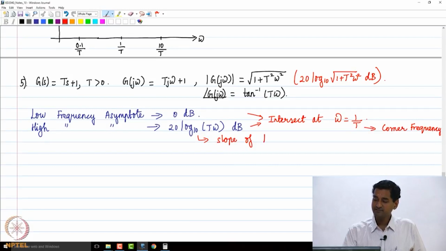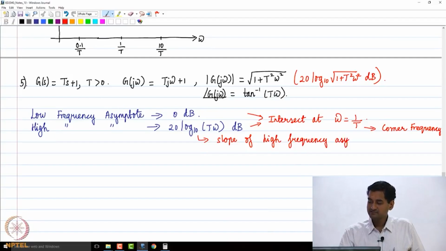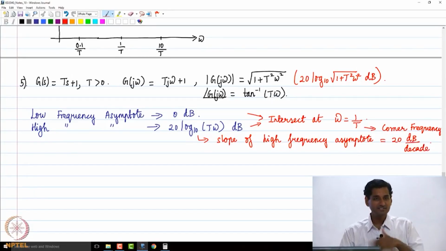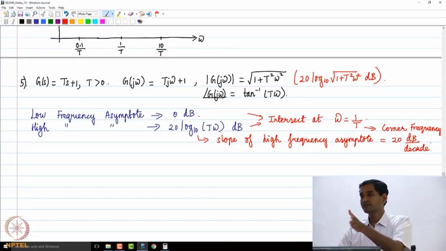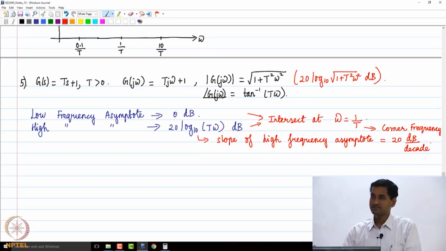It is going to be plus 20 decibels per decade. That is pretty standard. You repeat the same calculation, substitute 10 times omega, and you get 20 plus 20 log to the base 10 of T omega. From omega to 10 times omega, you have an increase of 20 decibels. That is why the slope is 20 decibels per decade.